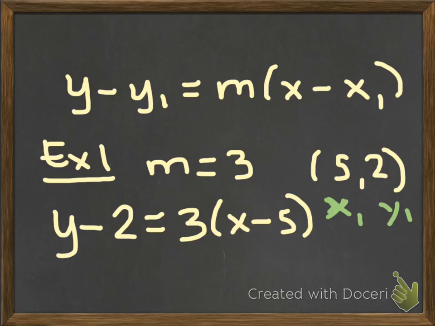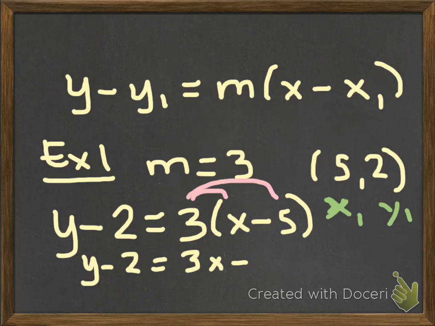Now we're going to do distributive property. So 3 times x minus 3 times 5. We get y minus 2 equals 3x minus 15. And the last step is to isolate the y.